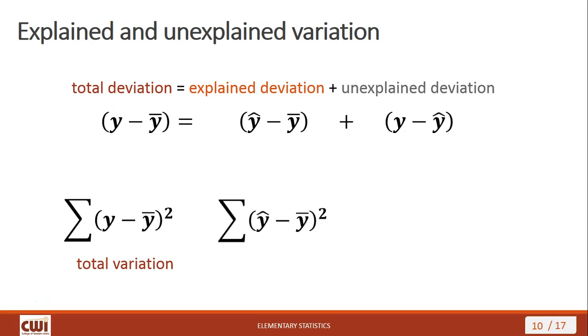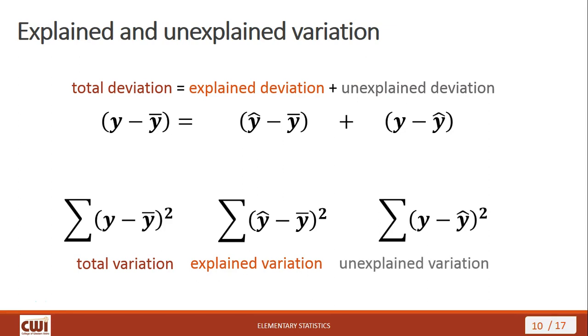I can do the same thing with the term for explained deviation, and I get the actual term for explained variation. Likewise, for unexplained deviation, I can perform the same operation and get the term for unexplained variation. I then find that I have the same relationship between my variation terms as I do between my deviation terms.